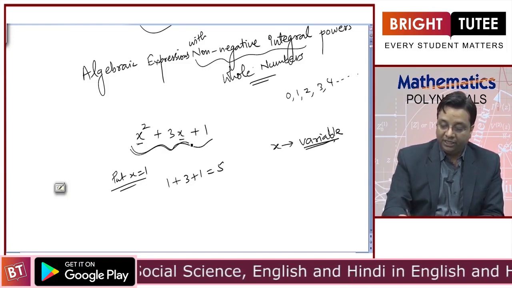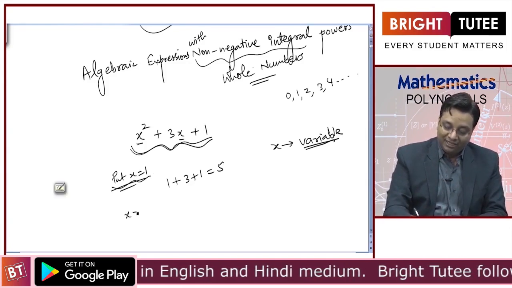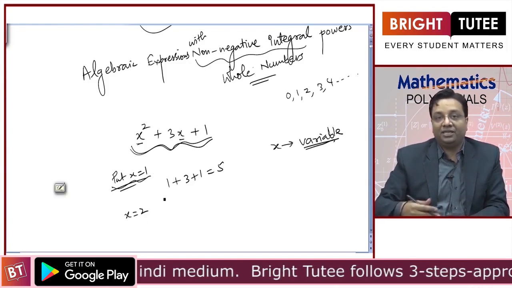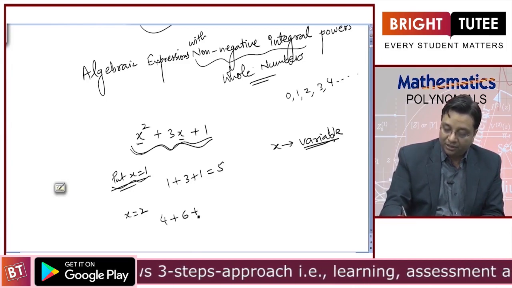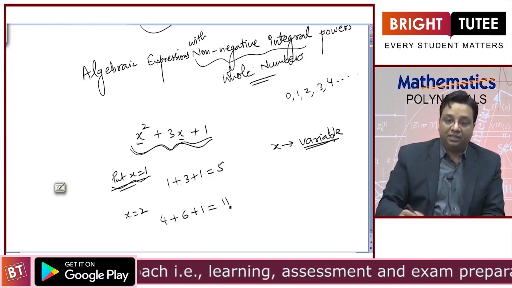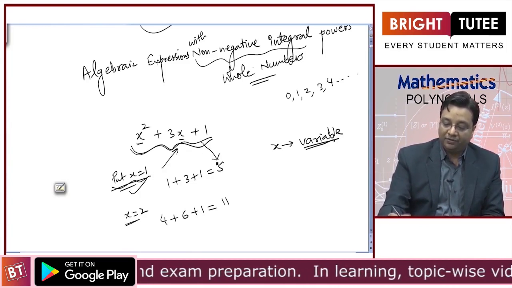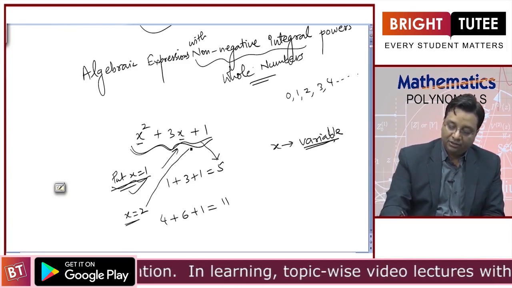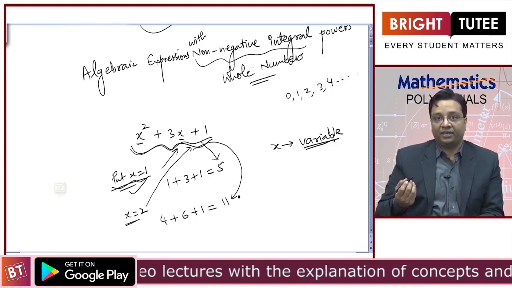So this will be equal to 5 if I put x equal to 1. I can put x equal to 2, it will give me another value, for example 4 plus 6 plus 1, which is 11. So if I put x equal to 1 in this, it will give me 5. If I put x equal to 2 here, it will give me another value which is 11, right?